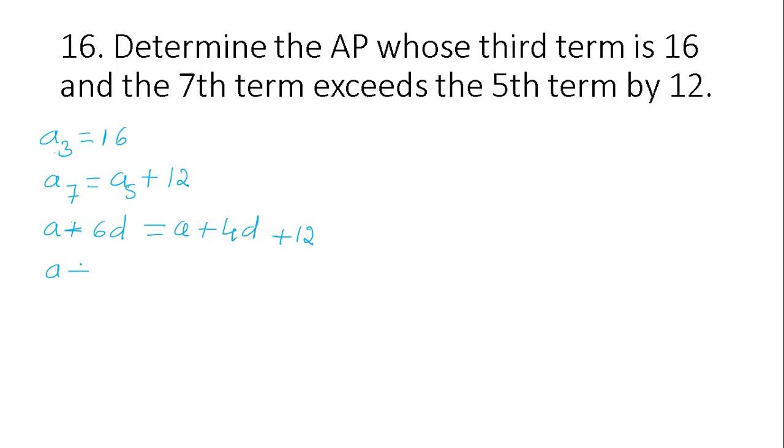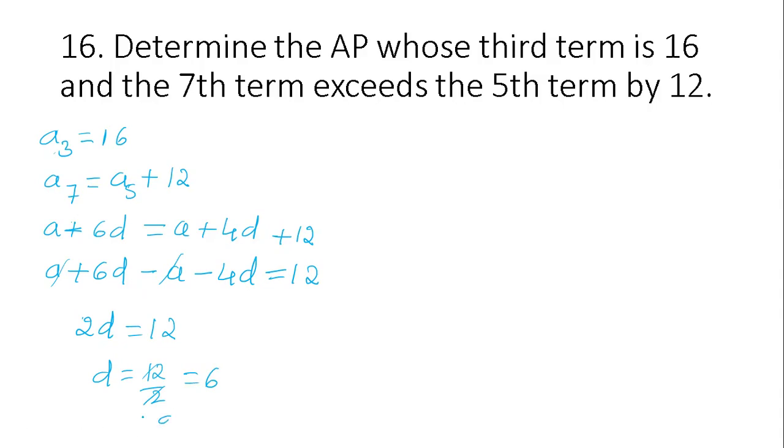A plus 6D minus A minus 4D is equal to 12. This A gets cancelled. 6 minus 4 is 2D. 2D is equal to 12. D is equal to 12 by 2. D is equal to 6.